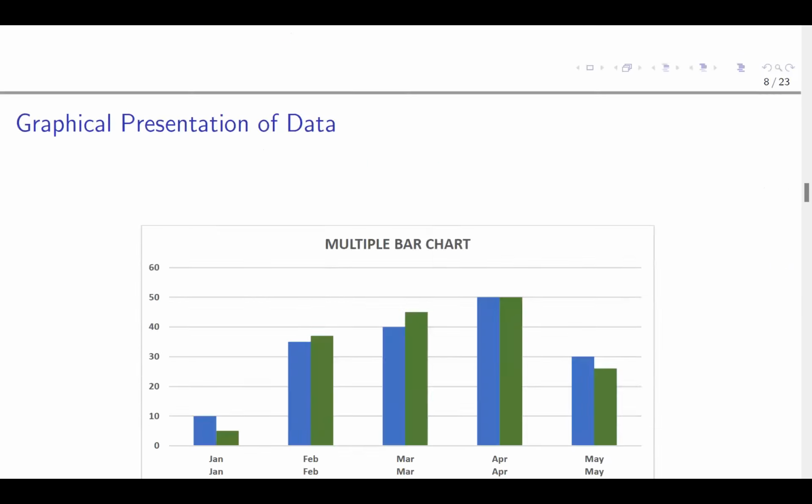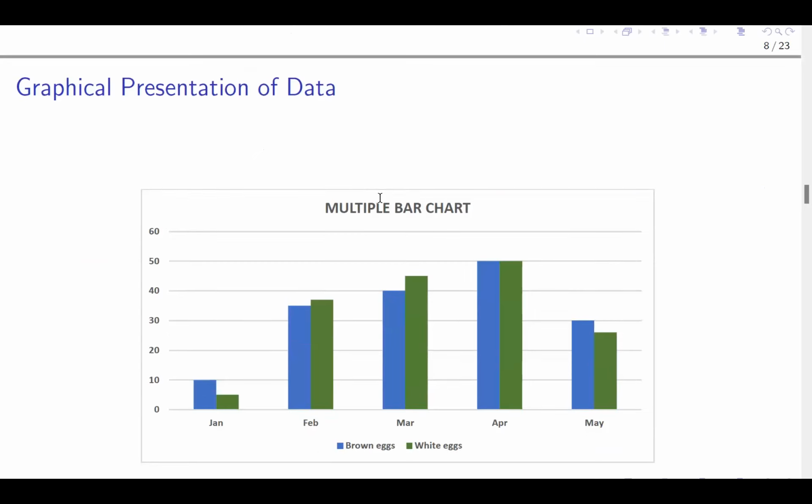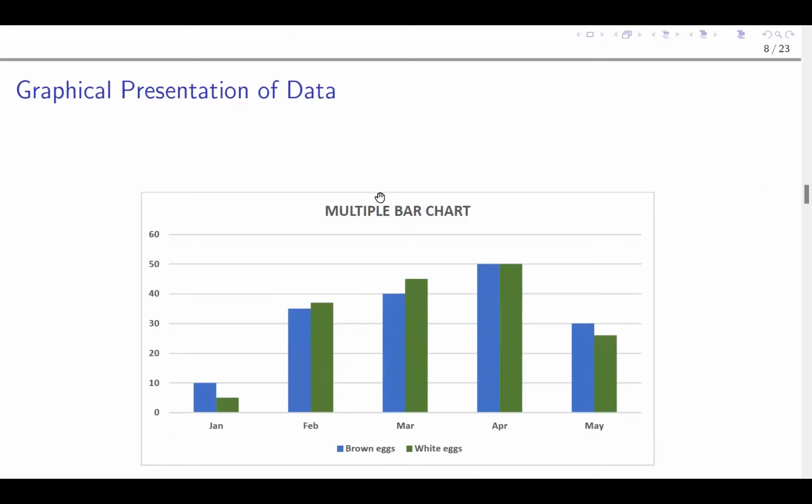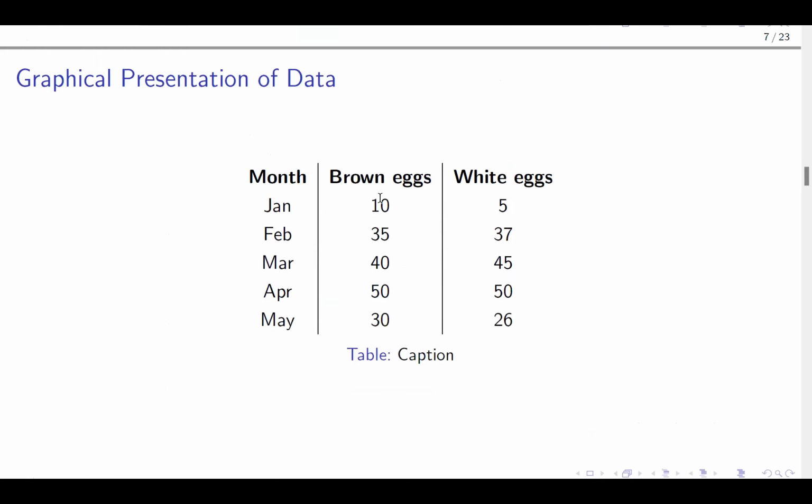Shall we now look at our multiple bar charts? Okay, this is an extension of our simple bar charts. All right. So in this case, if you look at this table, we have the months, but we don't just have eggs. We have brown eggs and white eggs.